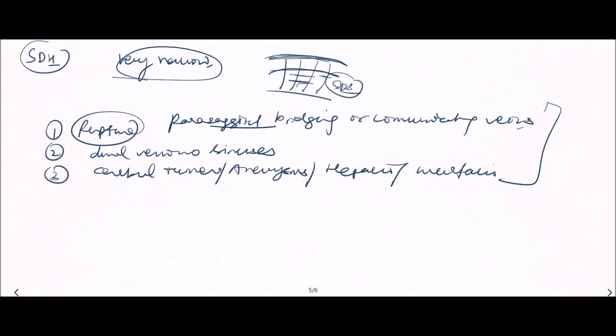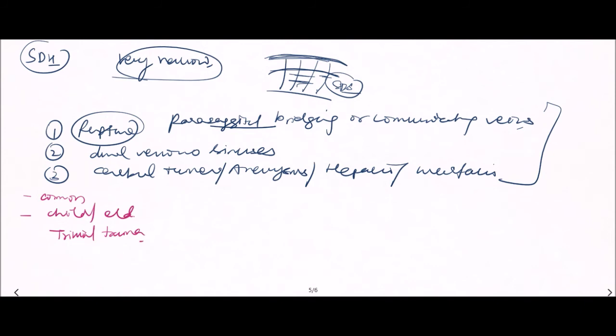Now subdural hemorrhage is more common than EDH, and it is commonly seen in children and the old age population. SDH can be seen in case of trivial trauma.